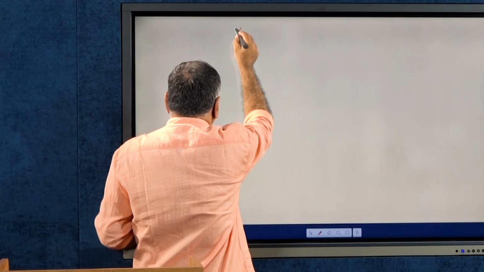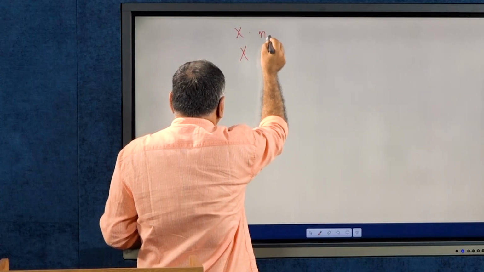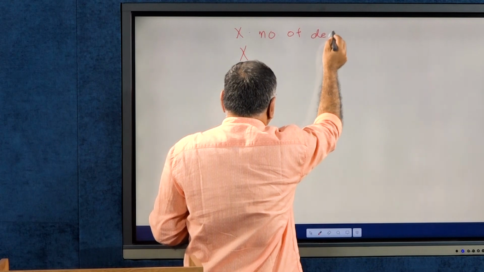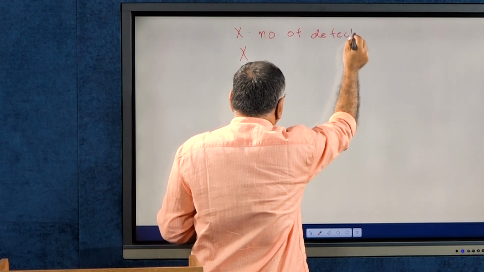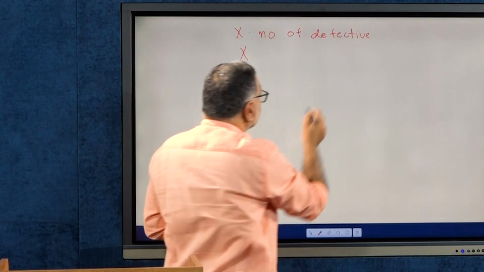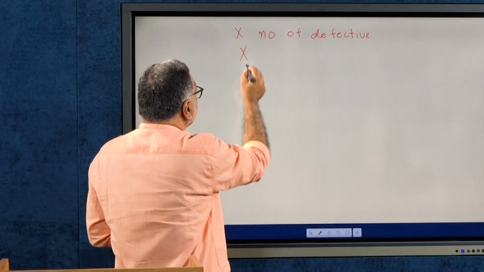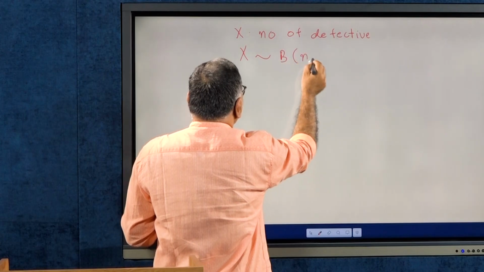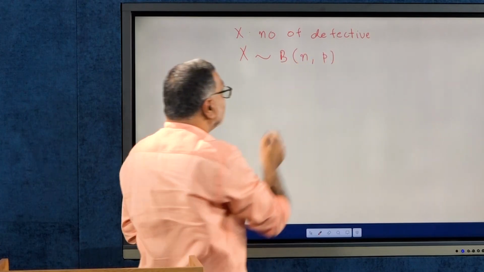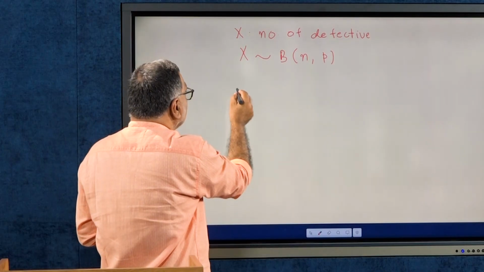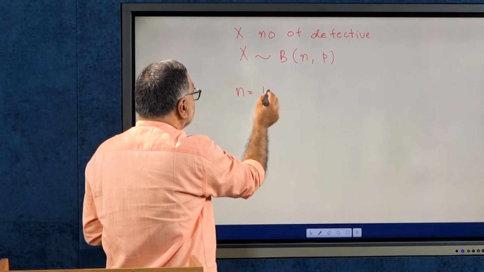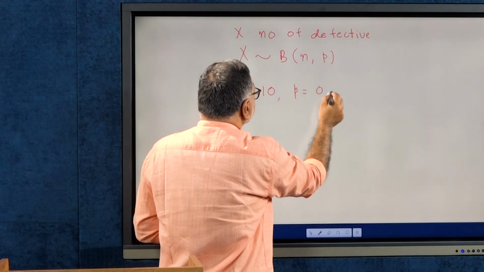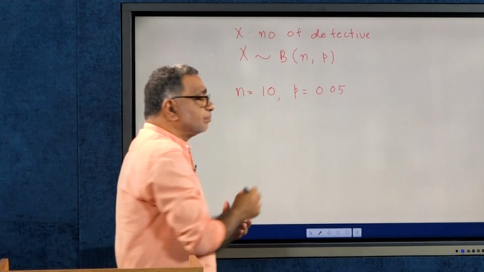Suppose we define the random variable X as the number of defectives. Then X is a binomial random variable with parameters n and p. Here n is equal to 10 and p is equal to 0.05. These are given to you.